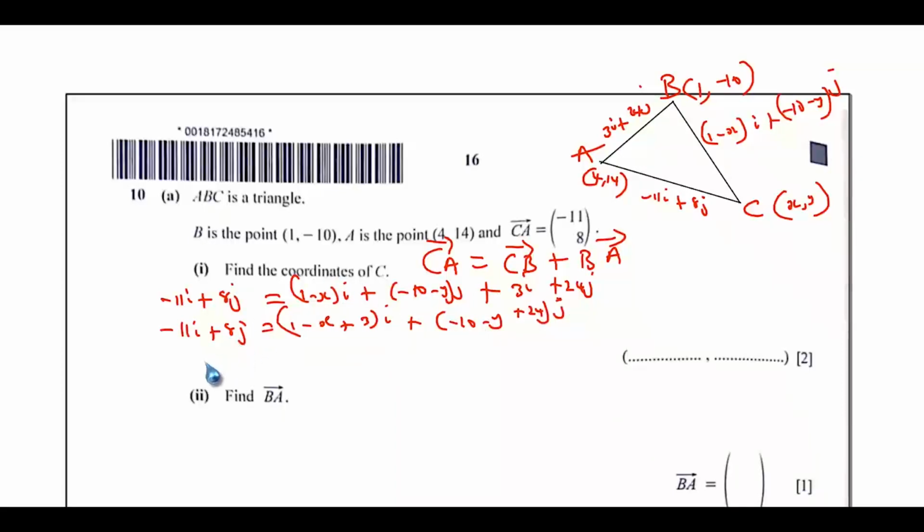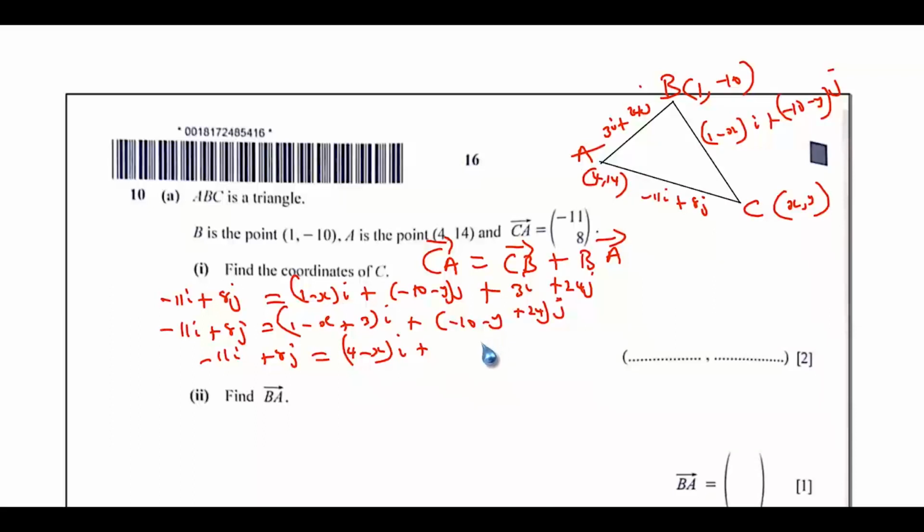So we can simplify this further. Negative 11i plus 8j equals 1 add 3, that will be 4. So you have (4 minus x) into i plus negative 10 plus 24, that will give you plus 14.